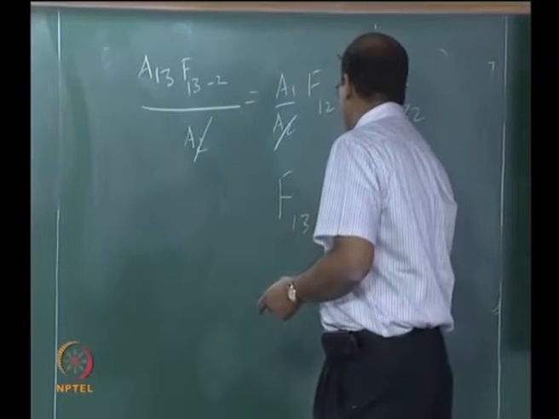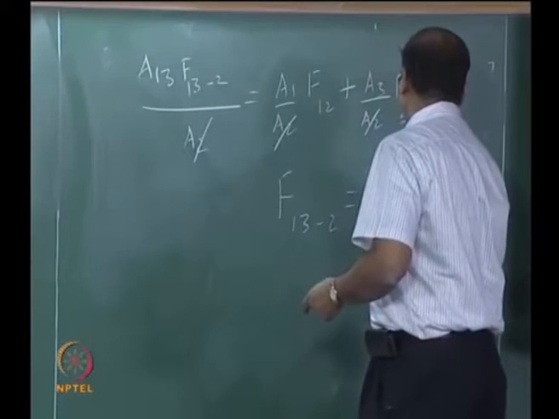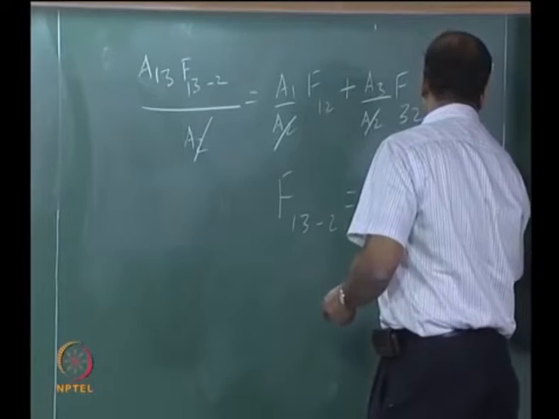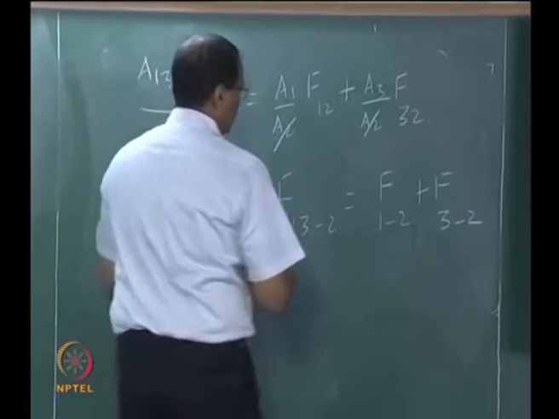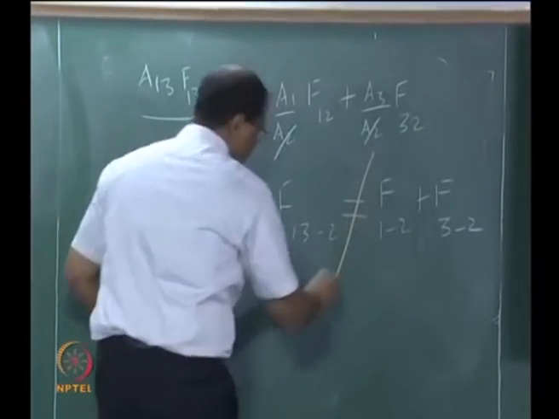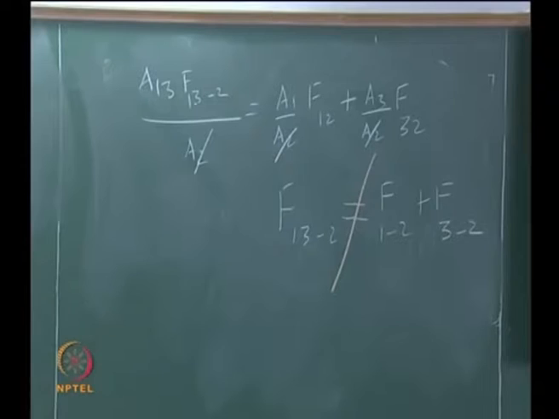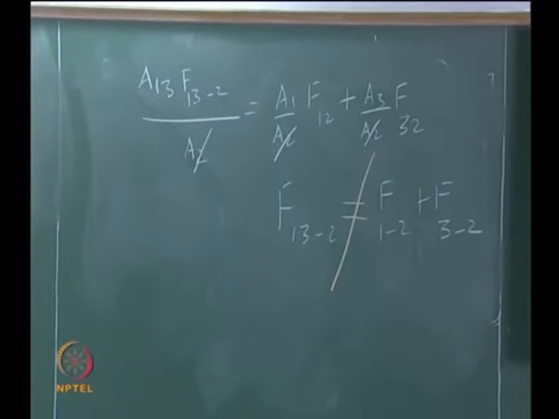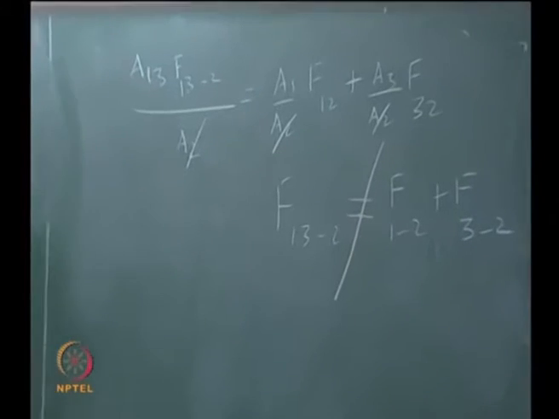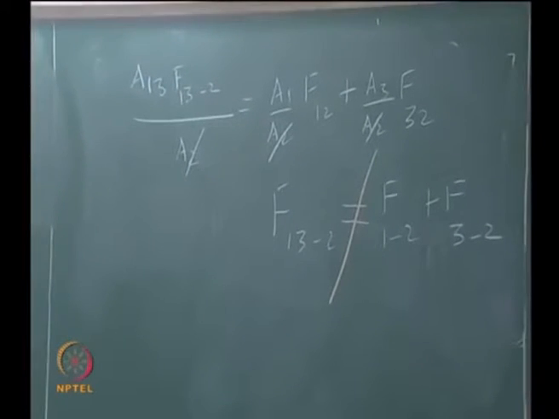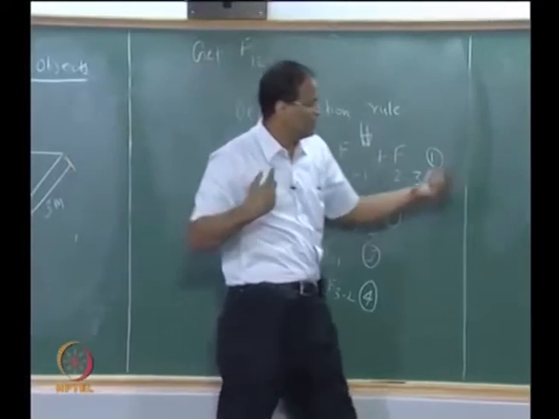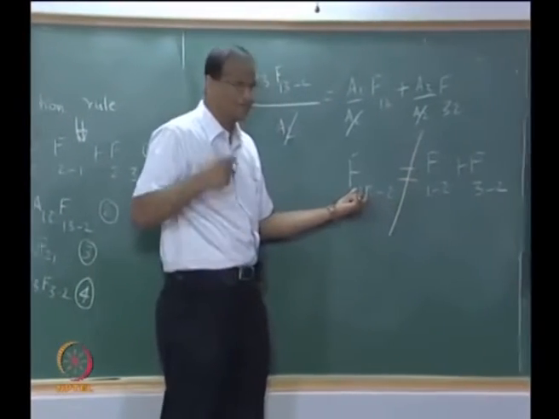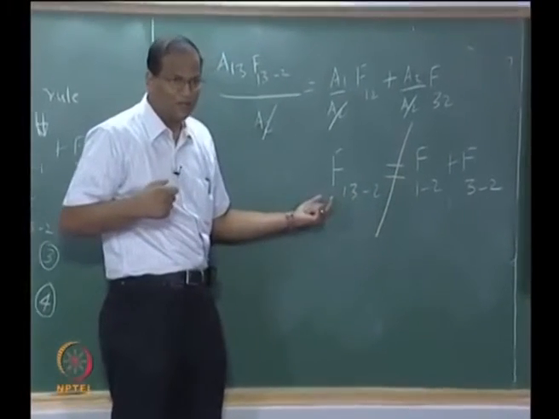F13 to 2 here is valid because it is originating from one surface to the remaining two surfaces, but if it is from 1 to 3 you cannot break it because 13 has got one area, okay, are you getting the point.